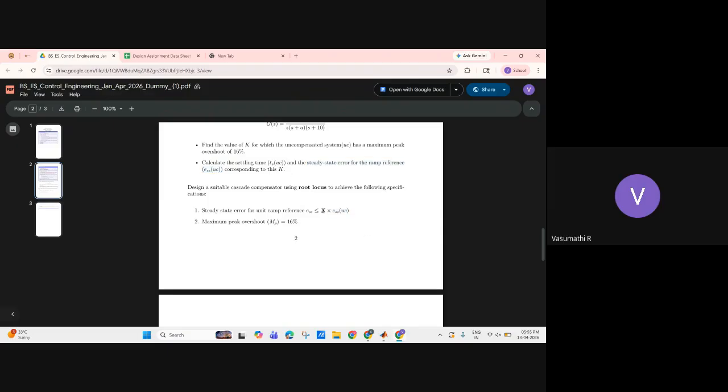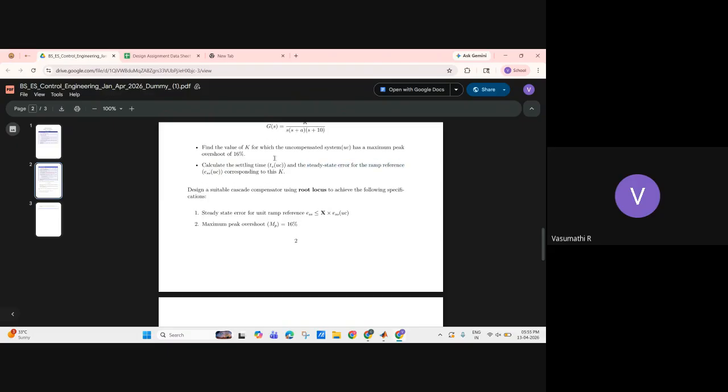For example, if the steady state error for the ramp reference of the system I found here with the K value is 0.1, let's take, and my X is 10, then my overall steady state error should be less than 1. That's how you have to calculate your X times the steady state error for the uncompensated system.